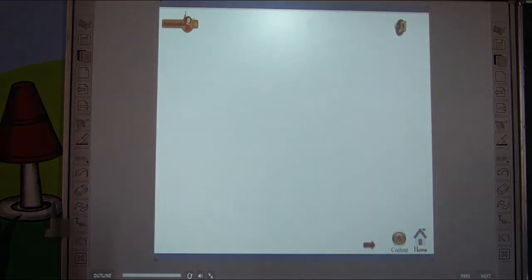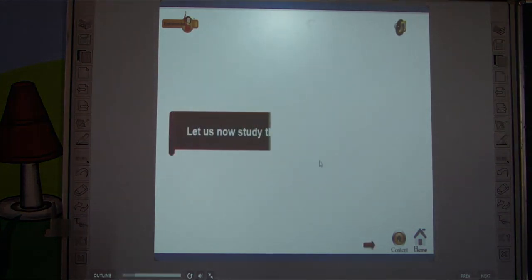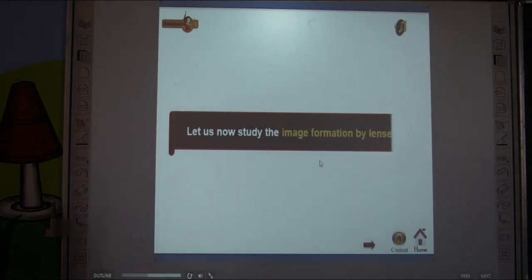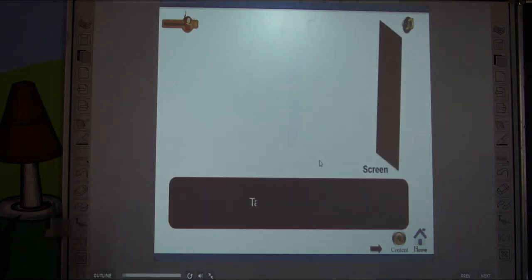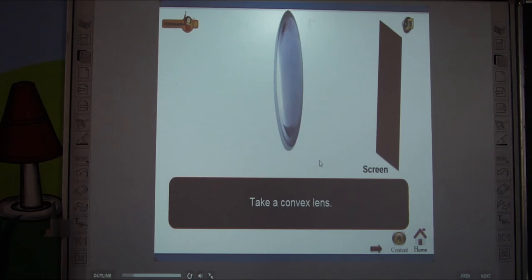The next one, let us now study the image formation by lenses. How is an image formed by a convex lens? First we will discuss image formation by a convex lens. Take a convex lens.